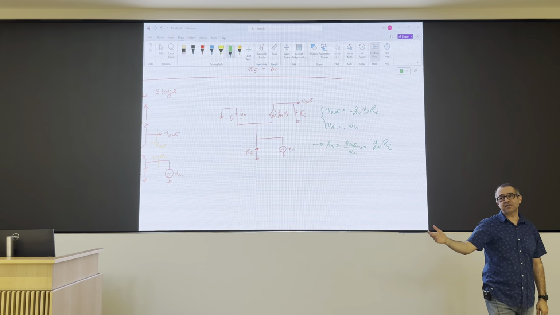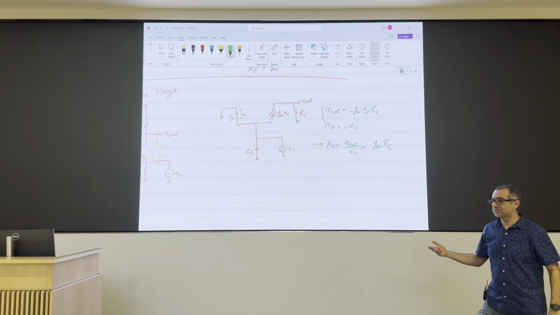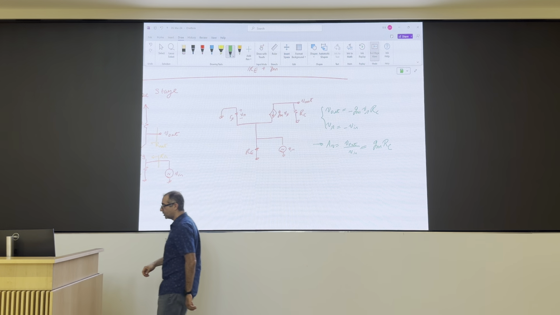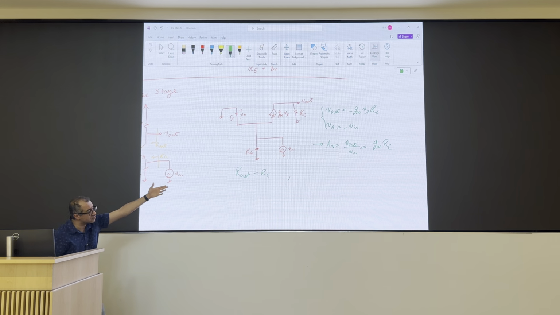But the other parameters are really not that good, right? So the input resistance is small, output resistance is large. Let me just write it so that you have the records. So R_out is R_C. And if you want a lot of gain, you want to choose a large R_C.